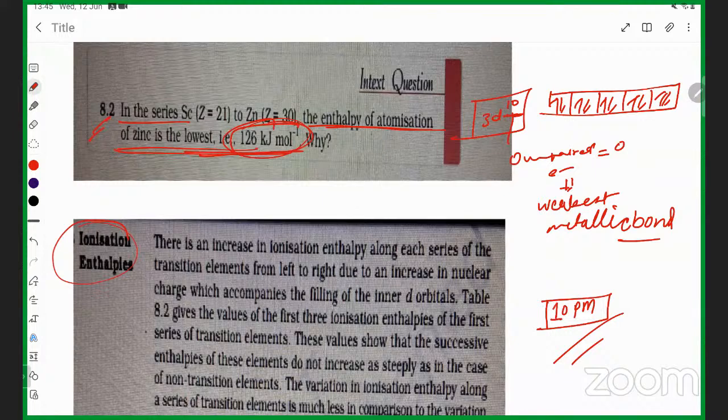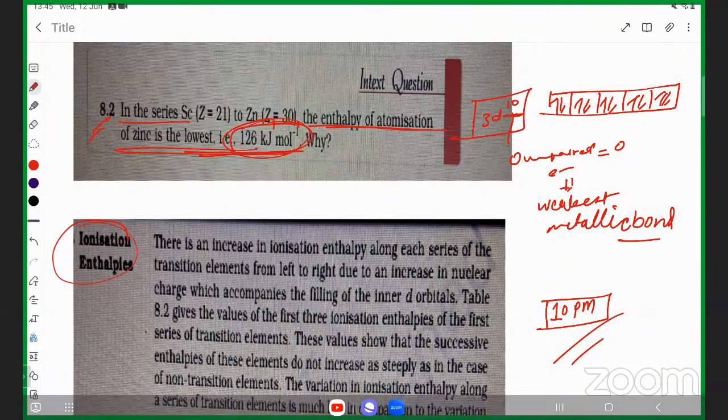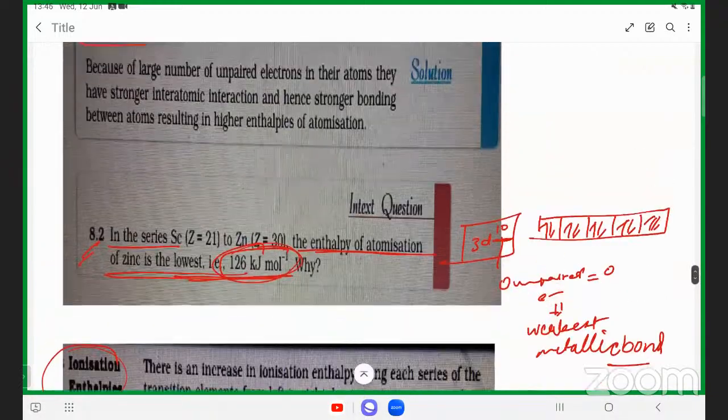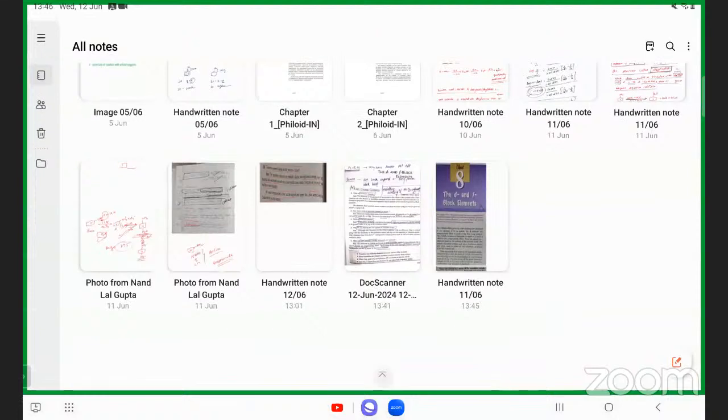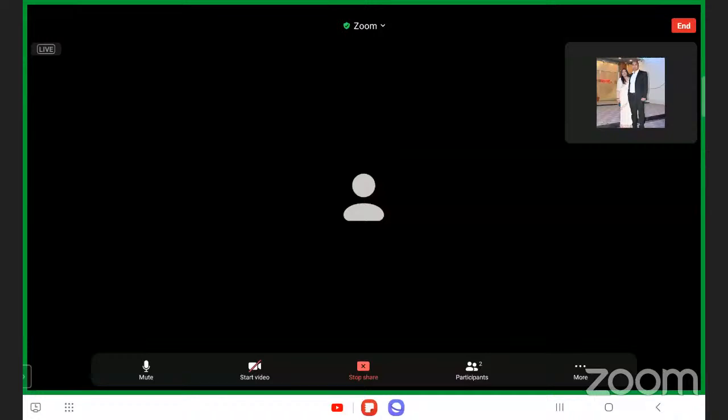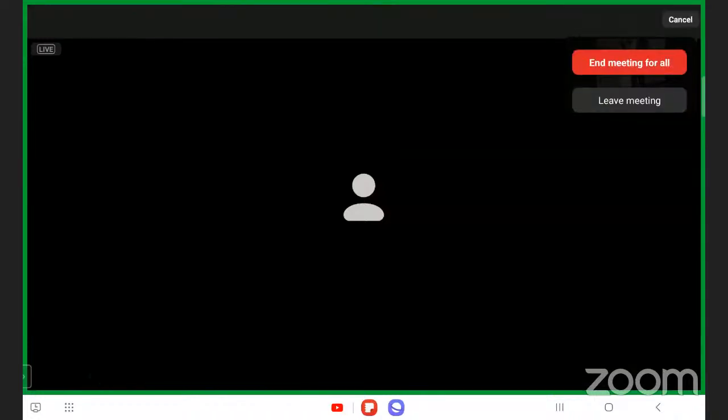I am going a little bit outside. Okay, thank you. Meanwhile, you read the NCERT d block elements. Okay, sir, you ask me questions in the night session.